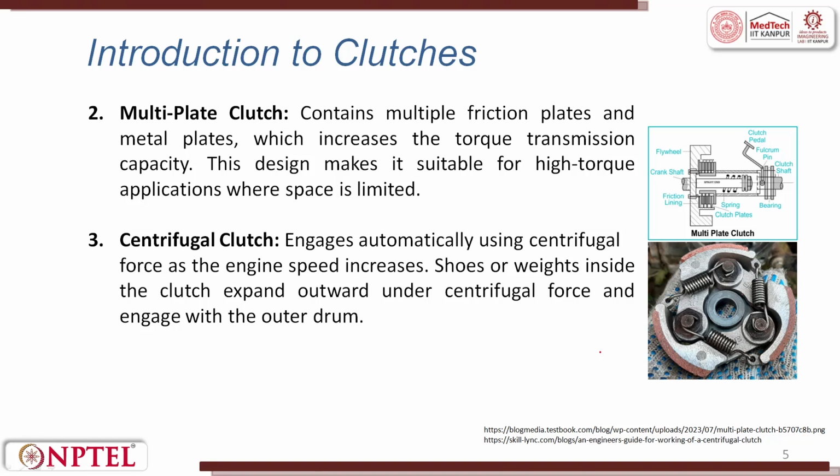Other than single plate, there are multiple plate or multi-plate clutches. These contain multiple friction plates and metal plates, which increases the torque transmission. Increasing torque transmission is the need for having multiple plates, to increase the capacity of torque transmission. This design makes it suitable for high torque applications where space is limited. As I said, light trucks use the single plate clutches.